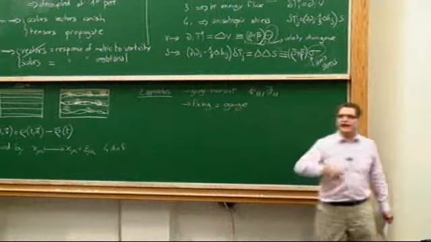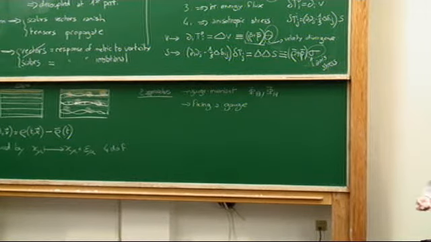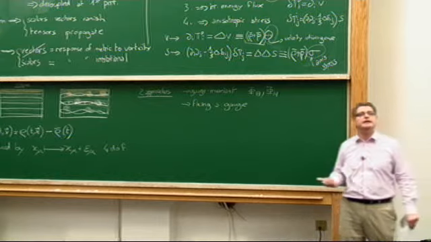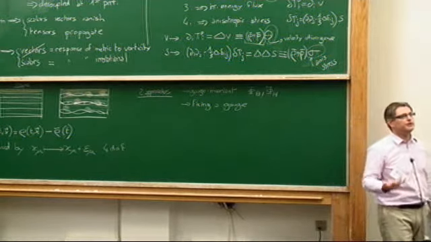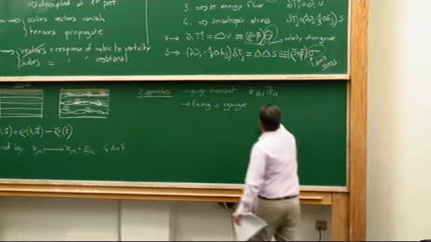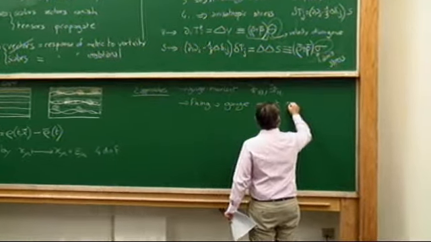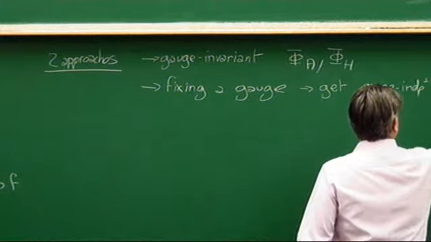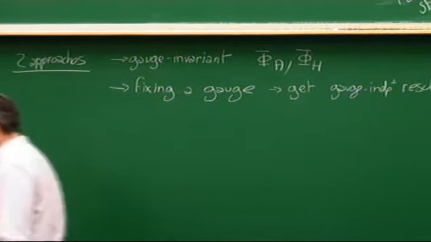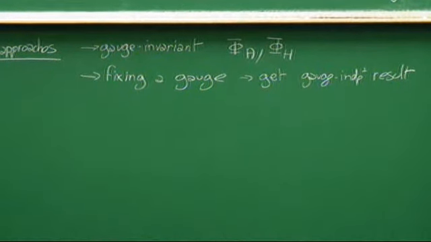If I fix a gauge, I do all my computation in a given gauge. I'm safe, because at the end of the day, I will compute observable quantities. By definition, these quantities are physical. They do not depend on the gauge. So the result that I found in one gauge applies to all gauges. So the results are always gauge independent. And this is simpler because you save the step of finding gauge invariant equations.